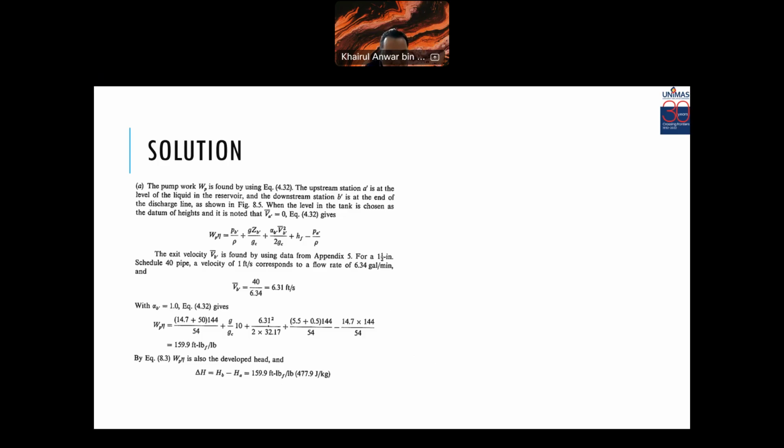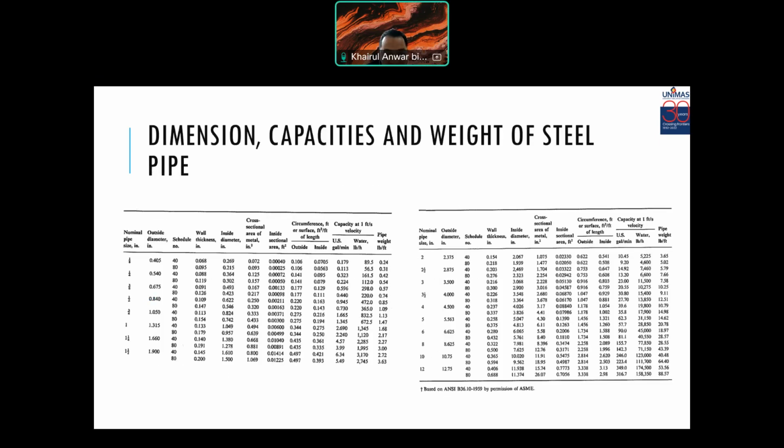So if the velocity is 1 foot per second, it will correspond to a flow rate of 6.34 gallons per minute. For 1.5 inch schedule 40, the capacity at 1 foot per second is 6.34 gallons per minute.